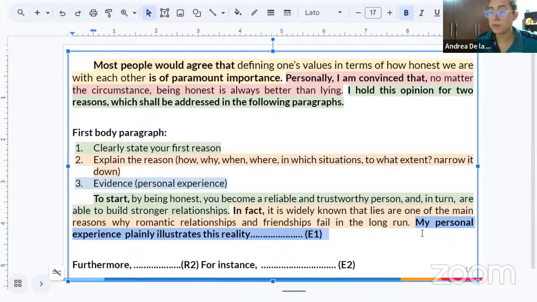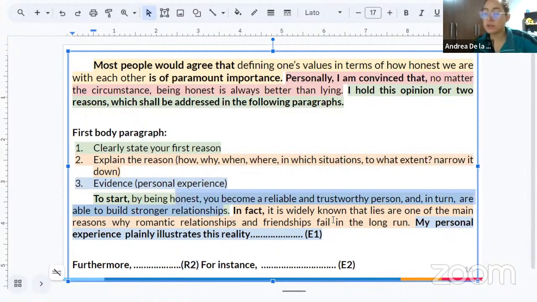So simple present is used for routines. And another use of the simple present is to talk about opinions and facts. So when you guys give your opinion, you have to use the simple present, right? When you say you become a reliable and trustworthy person, that's an opinion, right? So it has to be in the simple present. So when you talk about opinions and facts, use the simple present.